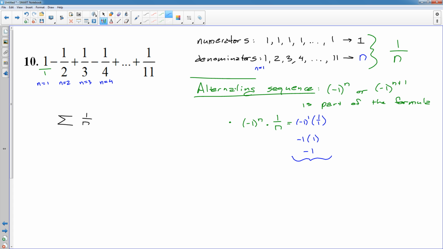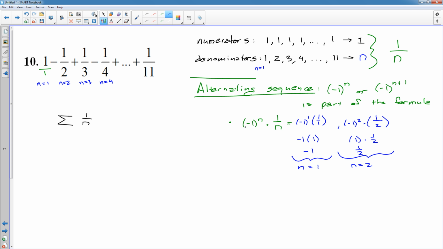All of this is when n was equal to 1. And then I would try n equals 2. Okay, so if n is equal to 2, I would have -1 to the 2 times 1 over 2 for n. And I'm just checking this to see if it works. -1 squared is +1 times 1/2, and 1 times 1/2 is 1/2, and that would be my second term.